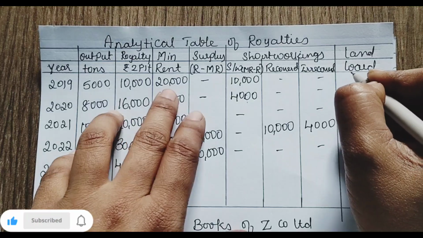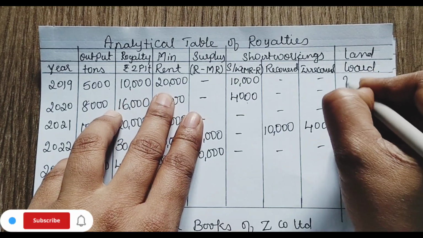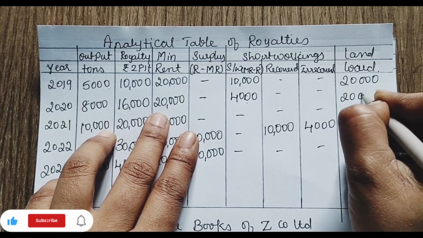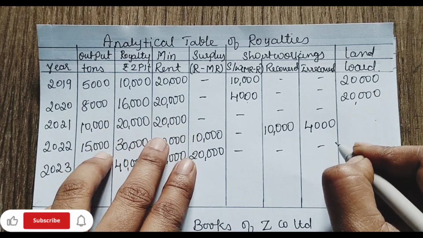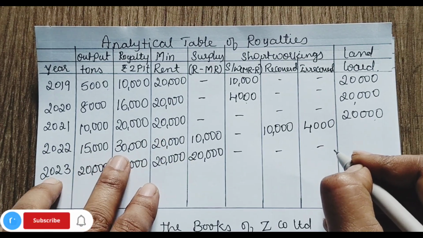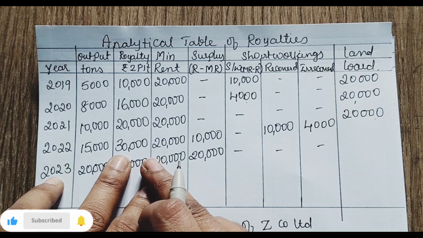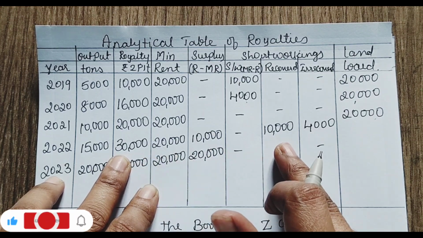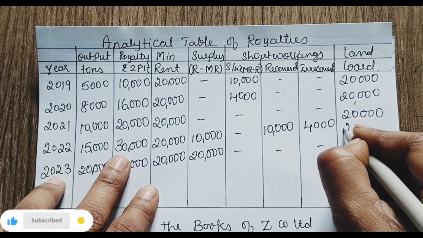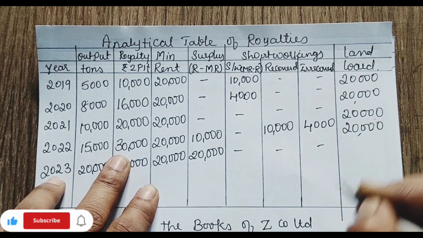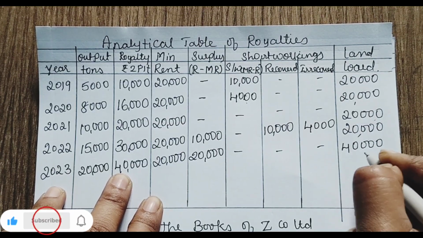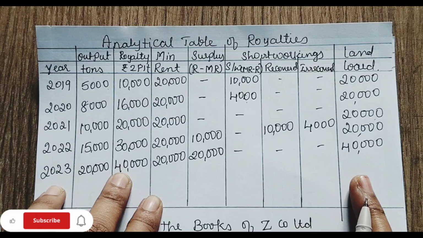Now landlord. Here you are comparing: in the first year, the minimum rent is what you are paying to the landlord. Second year also you are paying only the minimum rent to the landlord. Third year it is the same, no change. In the fourth year, you have 30,000, but you can't give 30,000 because you have recovered 10,000 from it. So 30,000 minus 10,000, the remaining balance is 20,000, which you write here. Then in the fifth year, the whole 40,000 you are paying to the landlord.